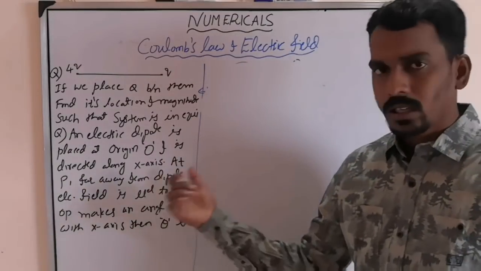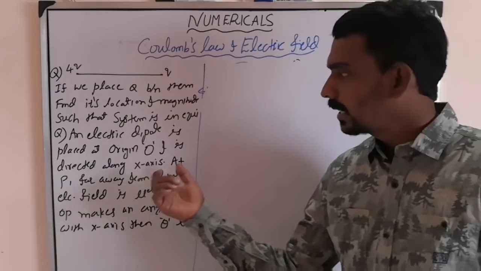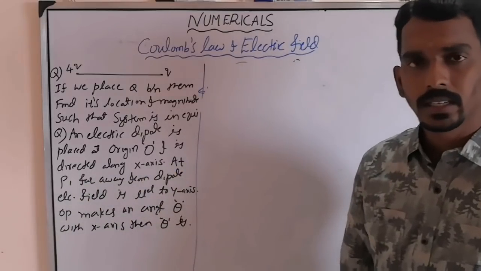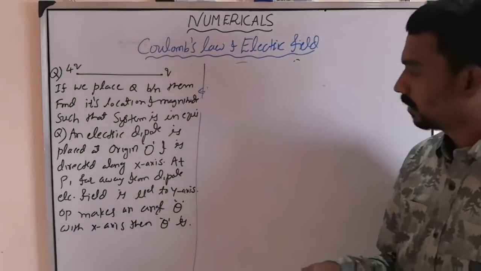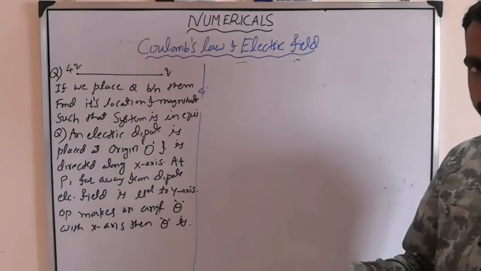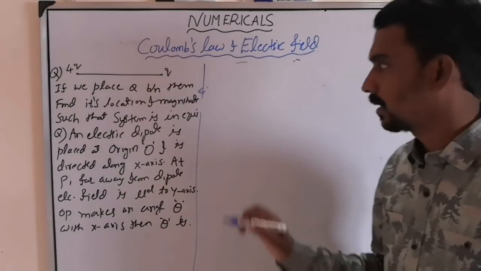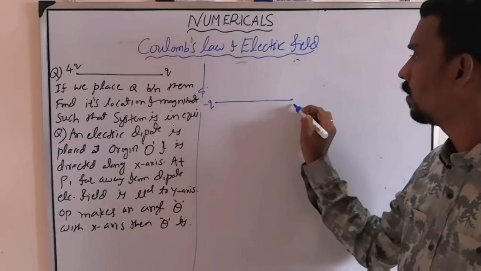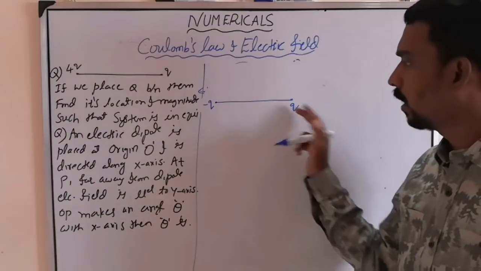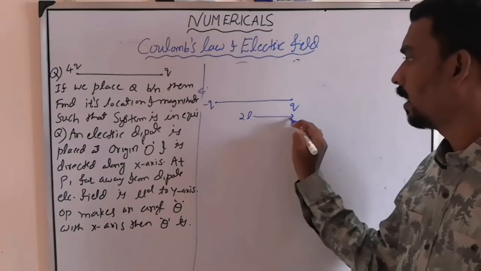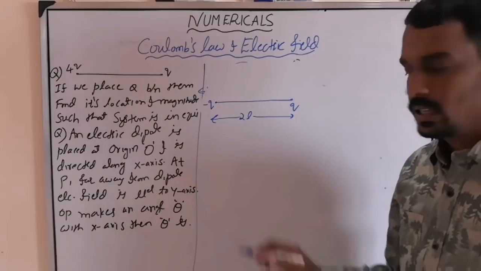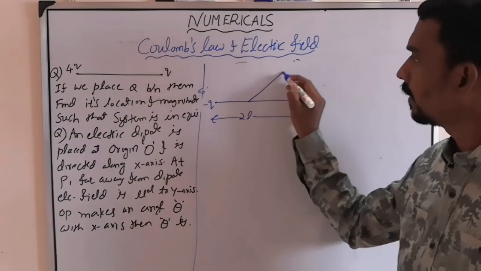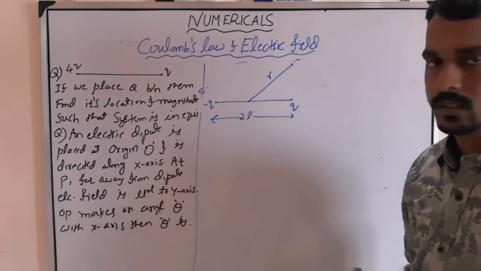Here, the question is related to electric dipole. If you remember all the formulas we have discussed previously, a dipole means a combination of two equal and opposite charges separated by a small distance.